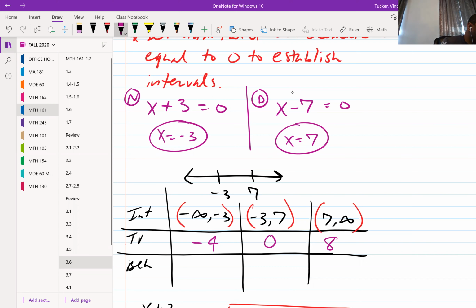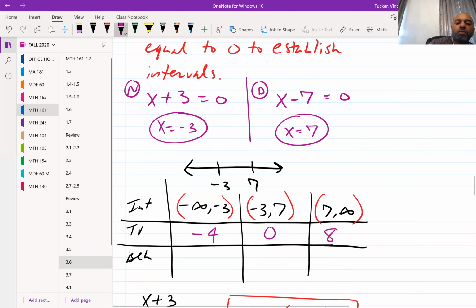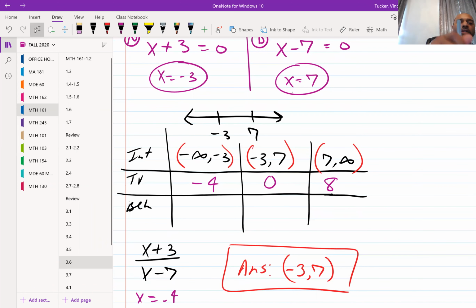Now we plug those test values into our expression, (x plus 3) over (x minus 7).